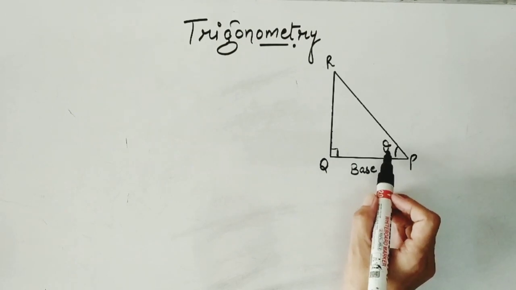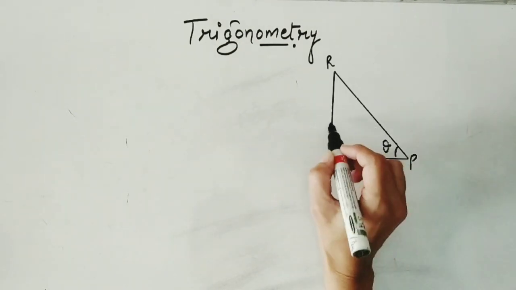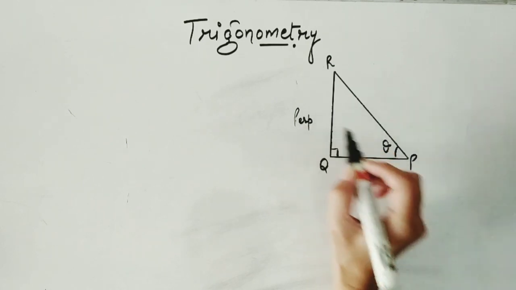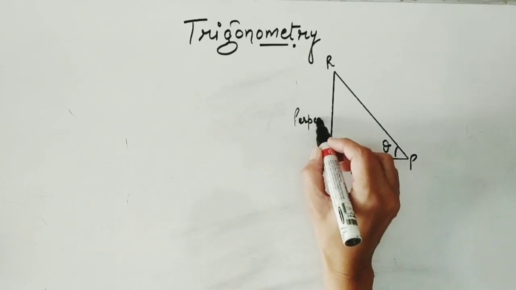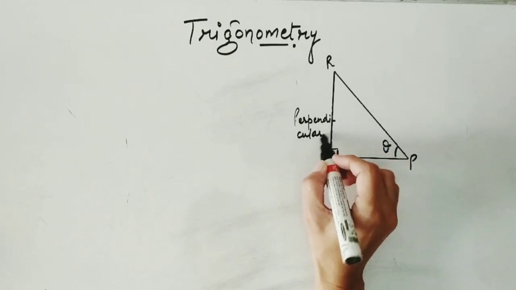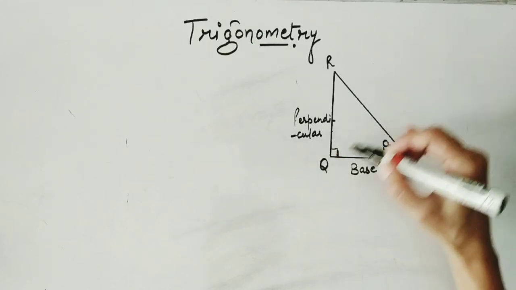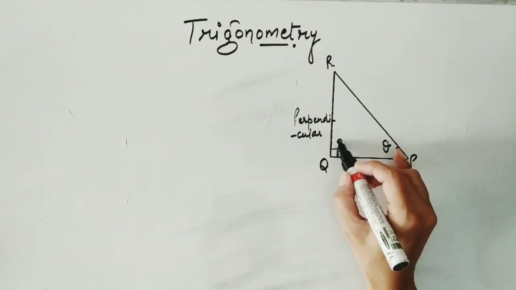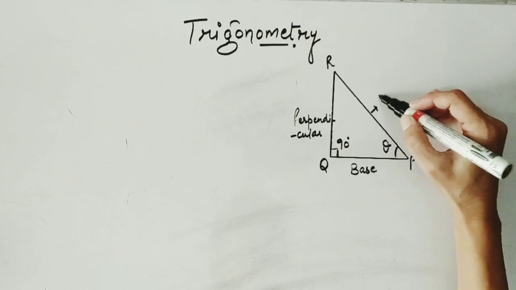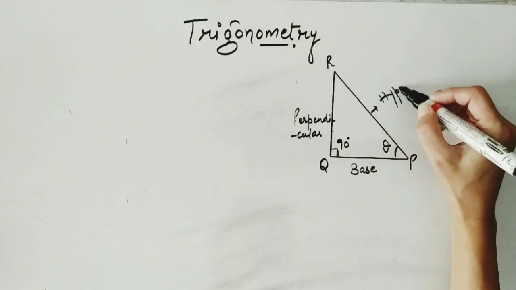The side which is opposite to the angle is the perpendicular, and the side opposite to the 90-degree angle, also called the longest side, is the hypotenuse.